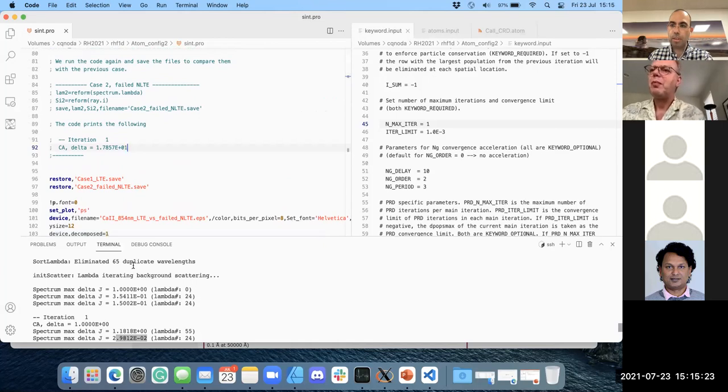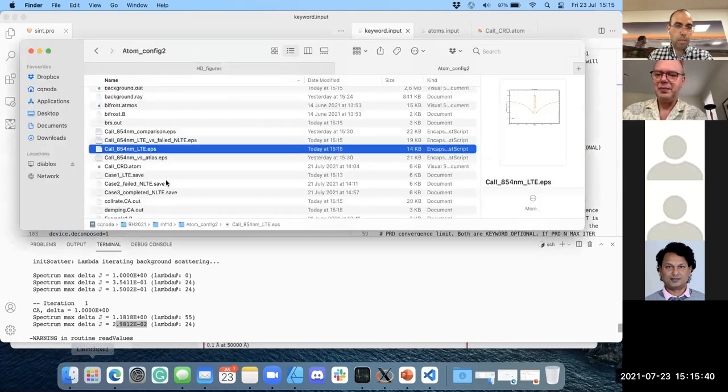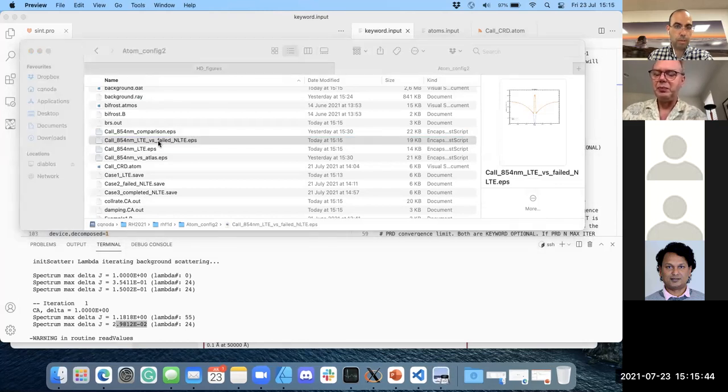Maybe it's because I put LTE populations. Okay, so what I wanted to show you is that if we do just one iteration, this value is not close to the iteration limit. So then if we plot the profile, that I think should be this one, let's see if it's updated.